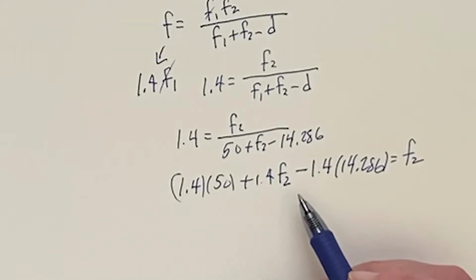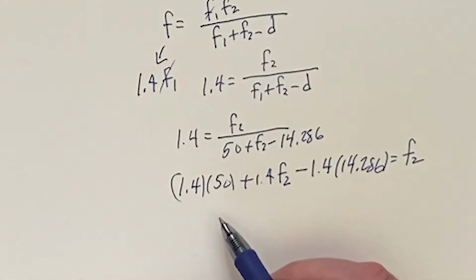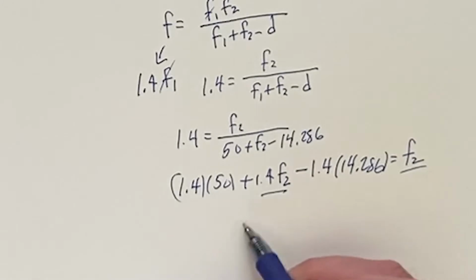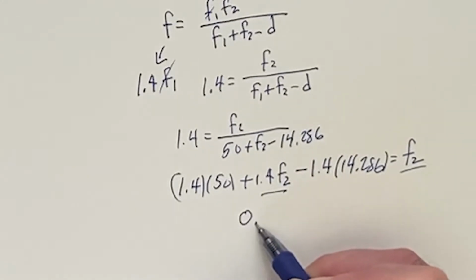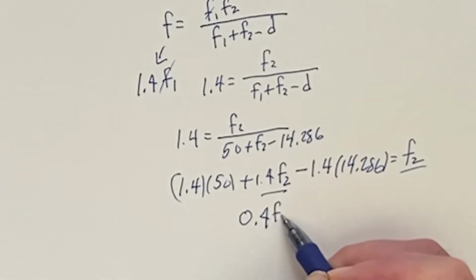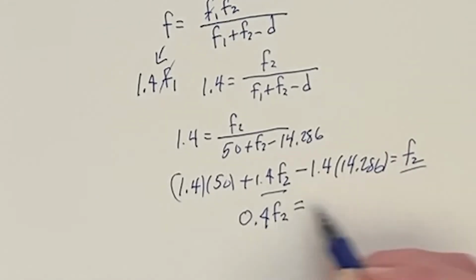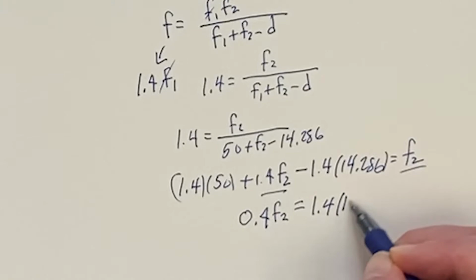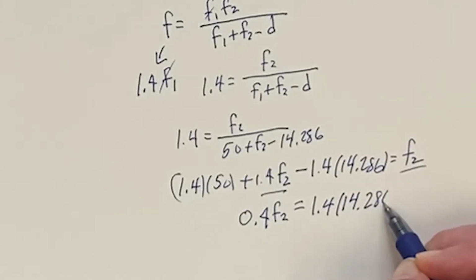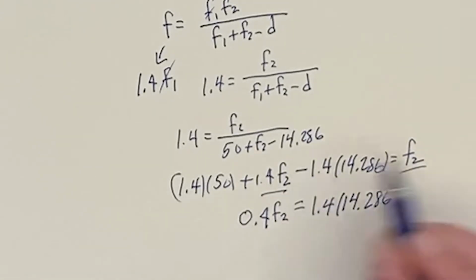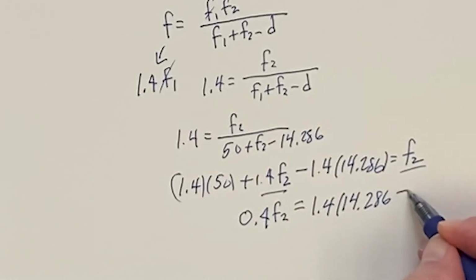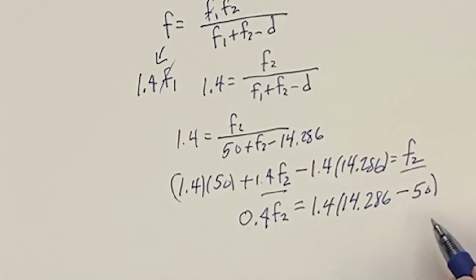And then we find, when we do that, if we look at these two, you know, subtract, this will be 0.4 times F2, and then I'll take everything else on the other side of the equation, 1.4, the 14.286, and then this goes over as a plus, this goes as a minus, and there's a 1.4 times 50, so I have this.